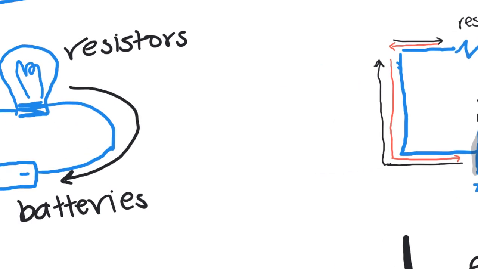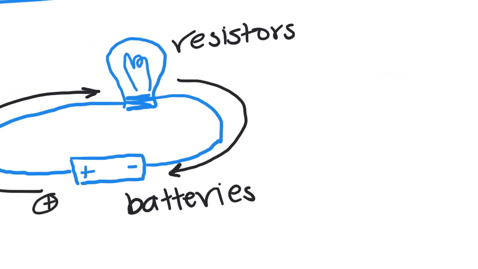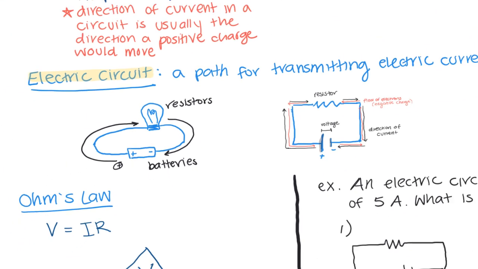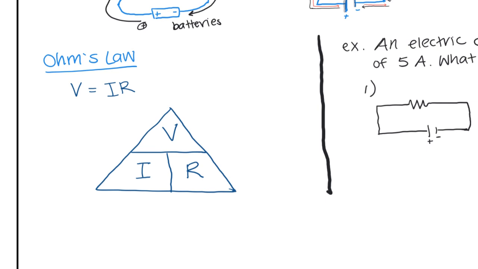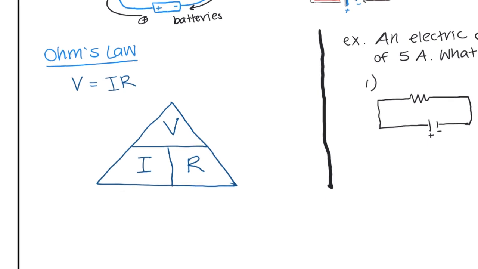All right, so moving on from that, let's put all of these concepts together and talk about Ohm's law. This is a new scientific law that we are learning today, but really what it boils down to is just this equation.